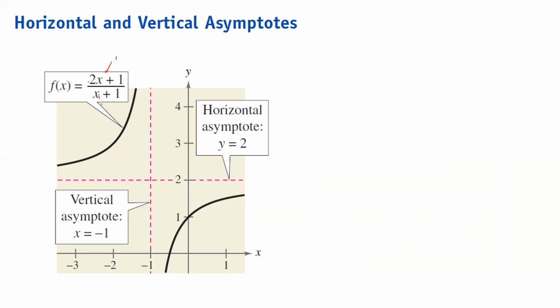So if you divide 2 by 1, your HA is y equals 2. We good? VA is equal to -1. Don't need to write it down, just think with me here. We'll have enough practice doing them in just a second.